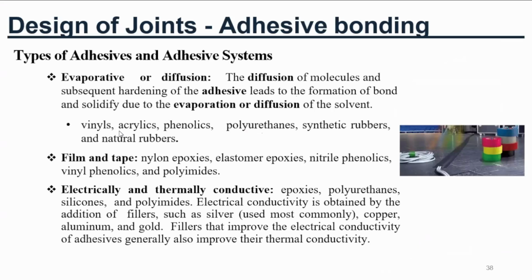Another one is electrically and thermally conductive adhesive. This is made from epoxies, silicones, polyurethanes, and polymers. Conductivity is achieved by adding metallic fillers, using silver, copper, aluminum, and gold.